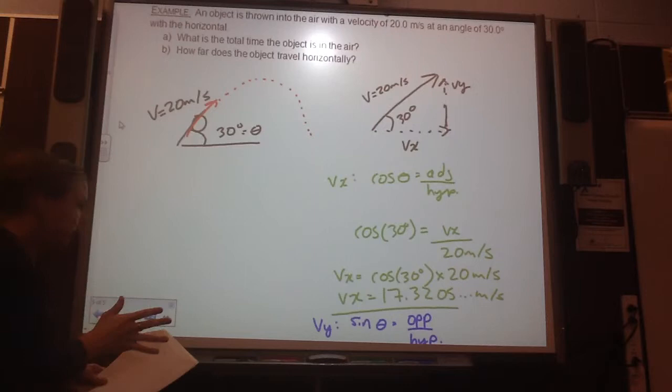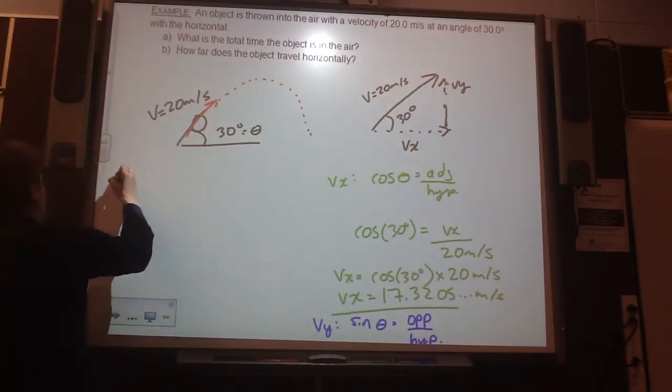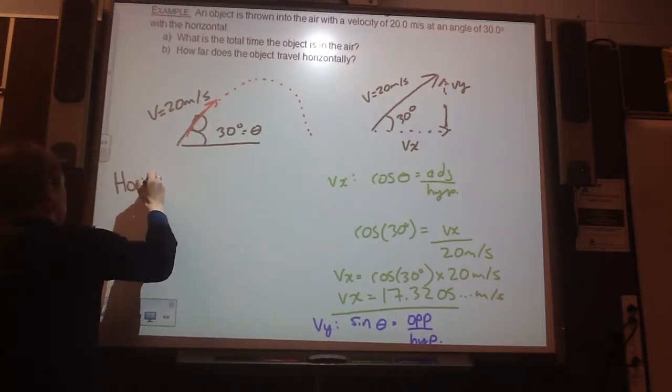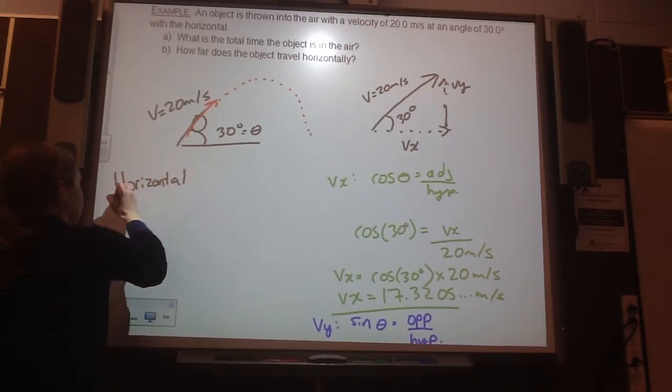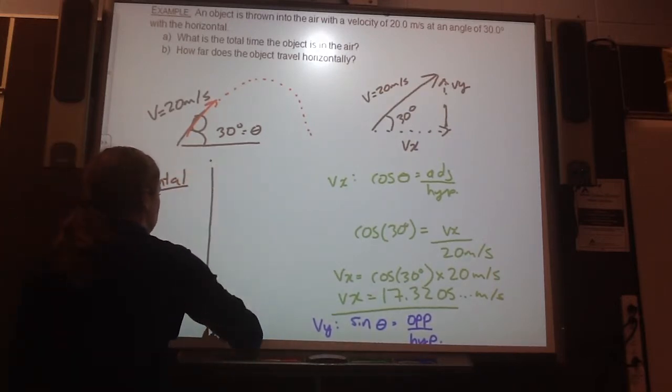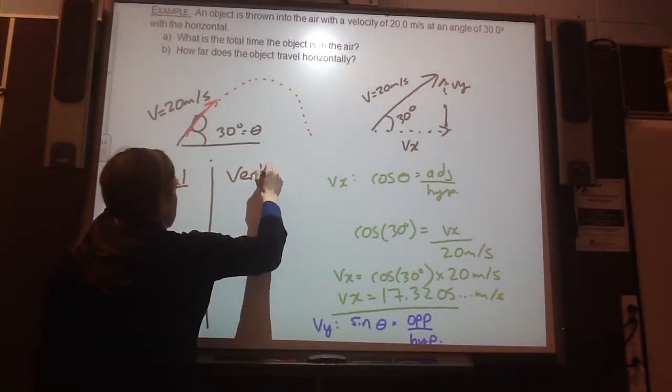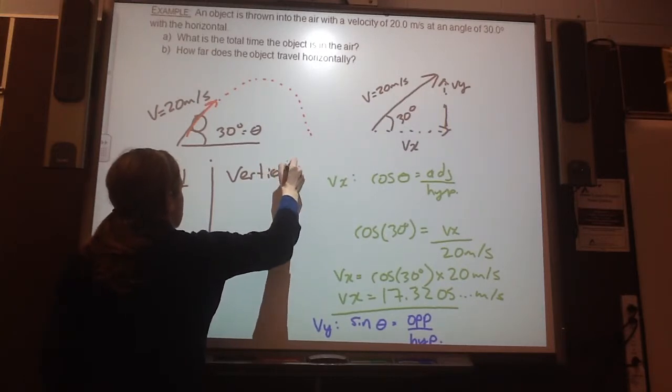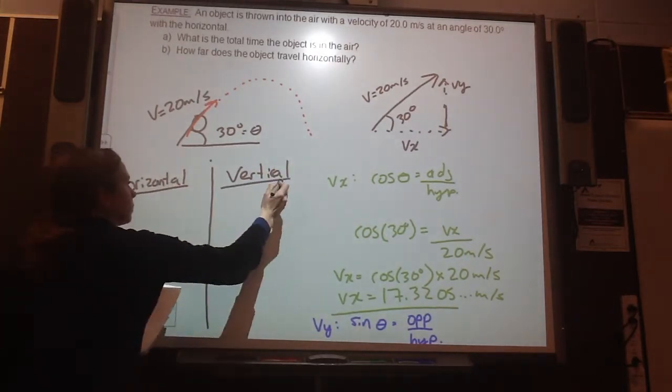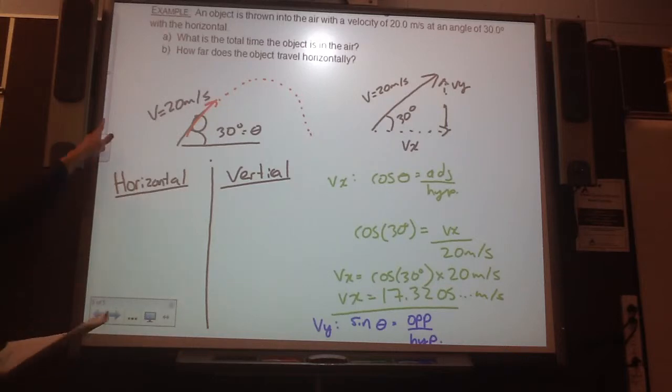So now let's break all of our information into our horizontal information and vertical information. What is your Vy? Oh, sorry, 10.